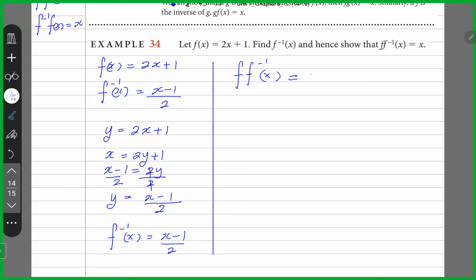In other words, in f, wherever I see x, I'm going to put f inverse, which is x minus 1 over 2, plus 1. Simplifying, the 2's cancel. We're left with x minus 1 plus 1. Now, minus 1 plus 1 is 0, so we're left with just x. So f of f inverse of x is equal to x.